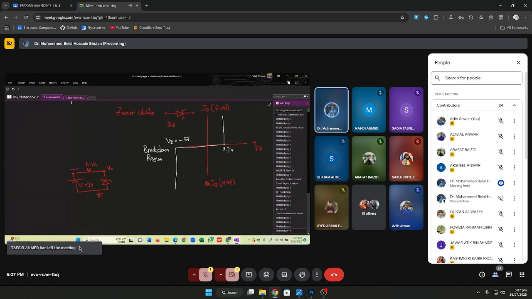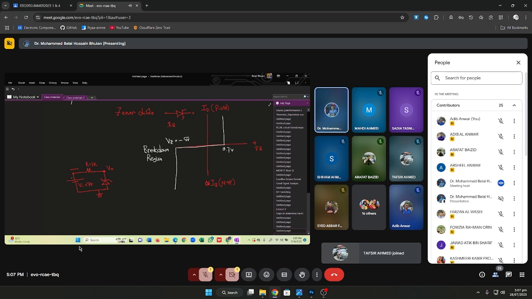Now we apply 7 volt. For 7 volt, notice the N side is connected to the positive terminal and the P side is connected to the negative terminal. It's reverse biased. And also Vz equals 5 volt.